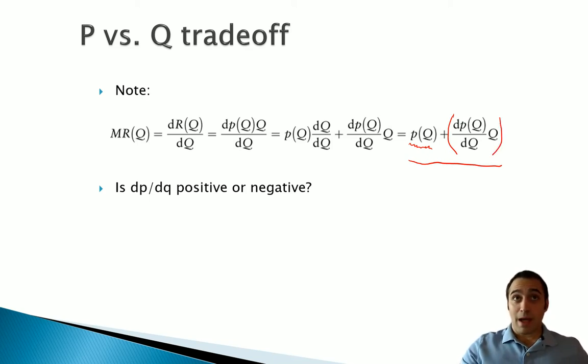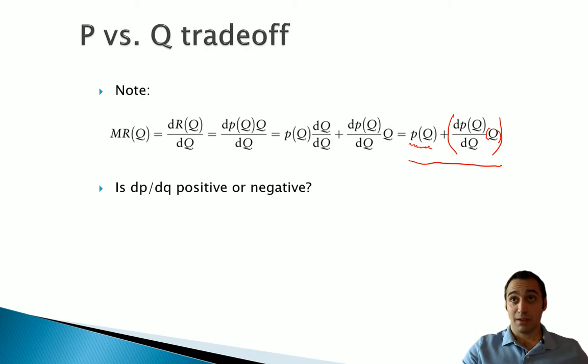So we should think about how this influences marginal revenue for the monopolist. First, do we think the second half of this, namely Q, is going to be positive or negative? Clearly, Q has to be positive, right? Your company can't output a negative amount of goods. Second, do we think that dP dQ is positive or negative?